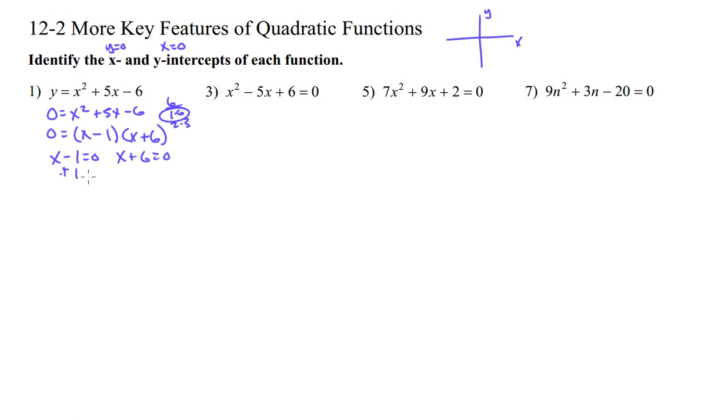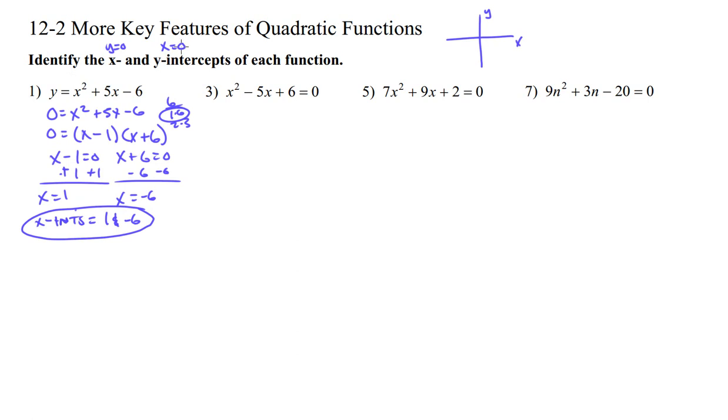Add 1 to both sides here and we get x equals 1. Subtract 6 from both sides here and we get x equals negative 6. So that means the x-intercepts are 1 and negative 6. Okay.